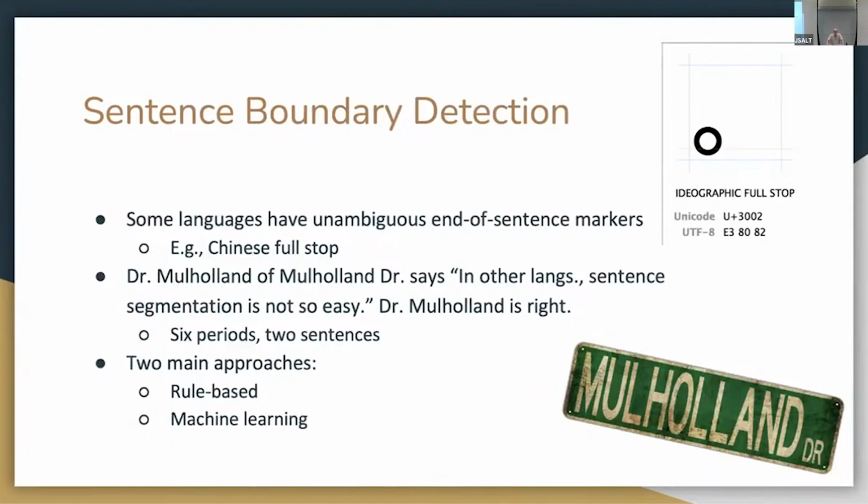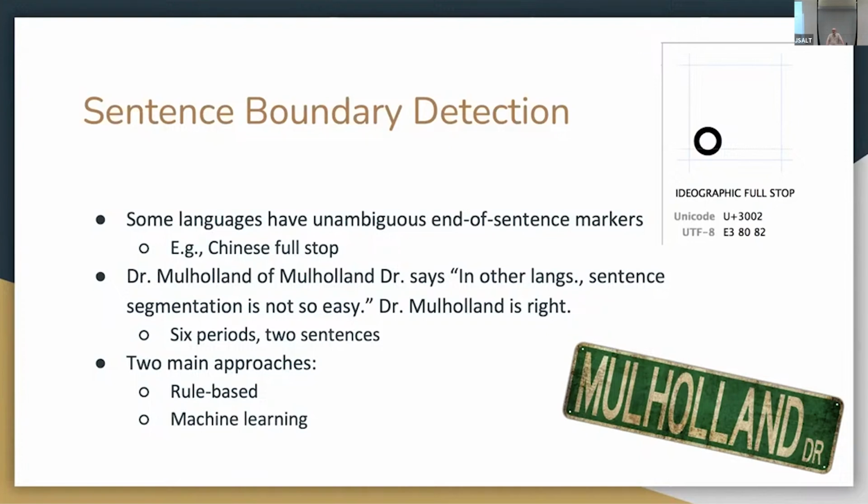Sentence boundary detection in English is actually pretty hard. In some languages it's not, because the Chinese full stop character is an unambiguous end of sentence marker. Periods in English are a big problem. Dr. Mulholland of Mulholland Drive says that in other languages, sentence segmentation is not so easy, et cetera. There are 6 periods here, only 2 sentences.